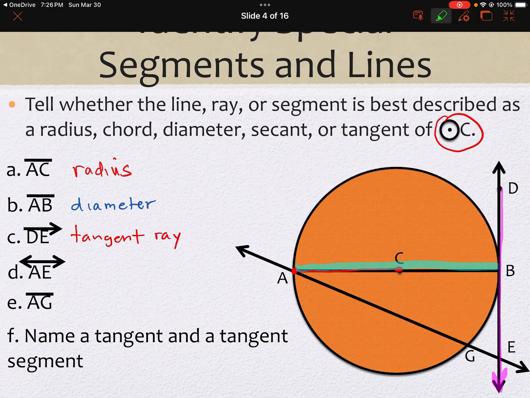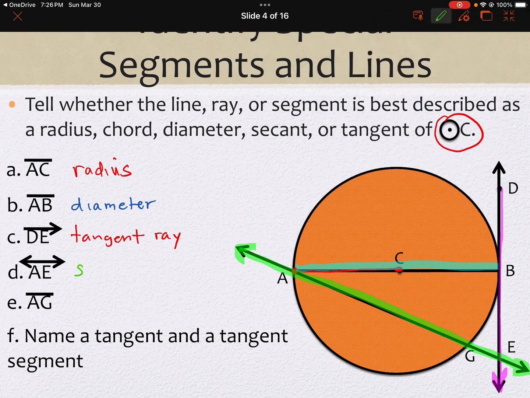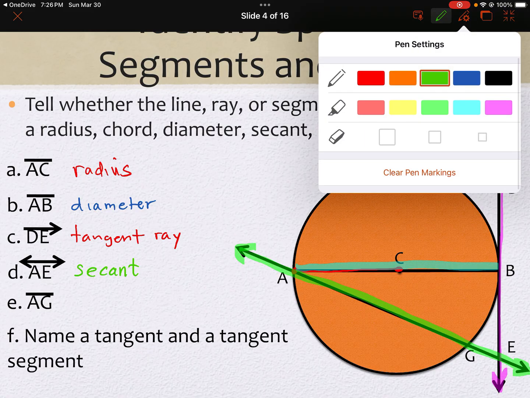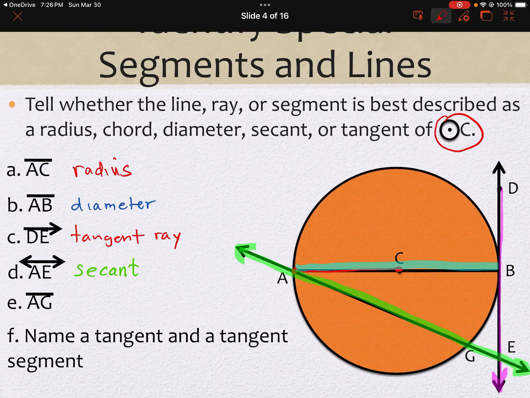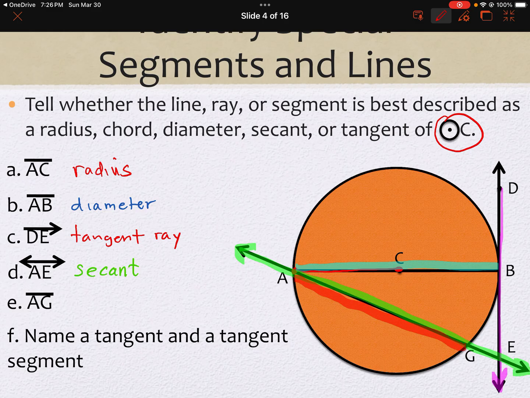Oh, I'm sorry, I might have said segment. That's line AE. That's what you call a secant. Segment AG. I'll use this red. Starting at A, stopping at G. A and G are both on the circle. That's a chord.